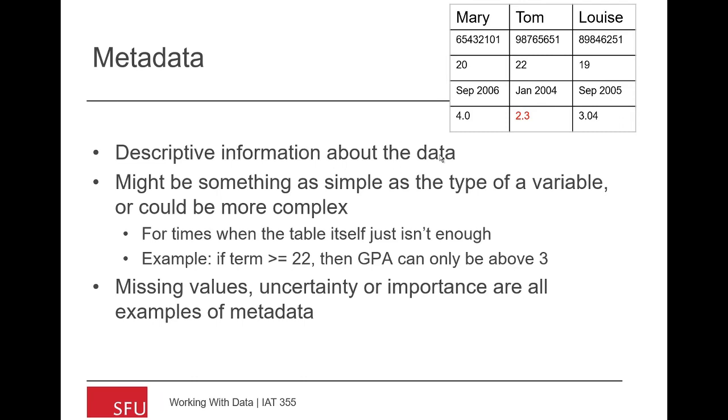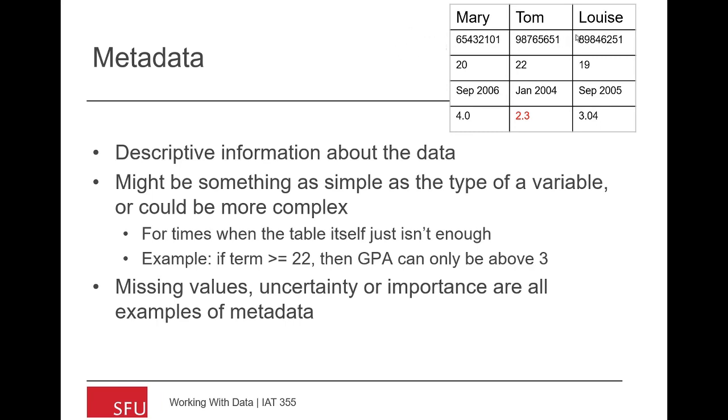Now, the simple version of metadata, we haven't shown this table before, but here's a table in which each data case is shown in columns, and each row is an individual variable. I've just transposed rows and columns in this one.